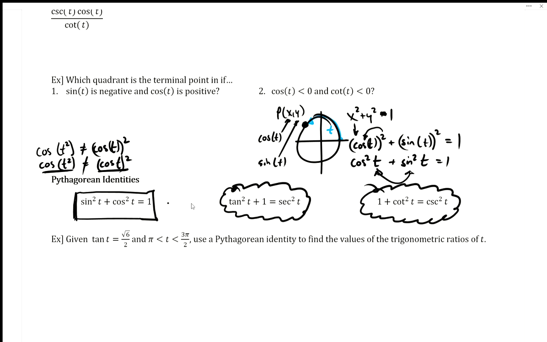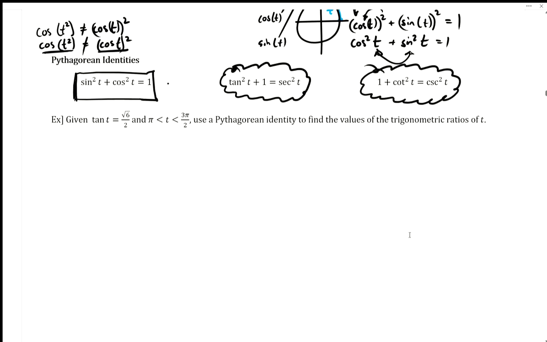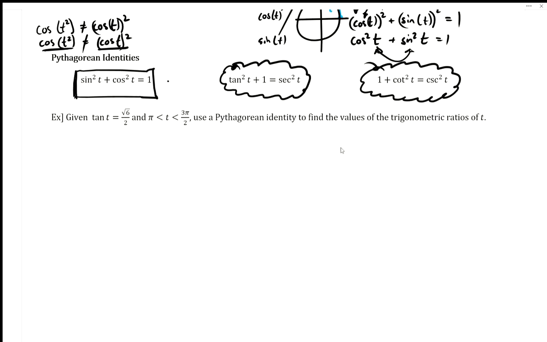It comes from, I'm going to erase this in a second because we're about to do a problem, taking this main Pythagorean identity and dividing all of it by cosine squared of t.